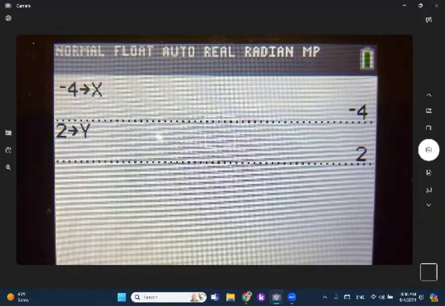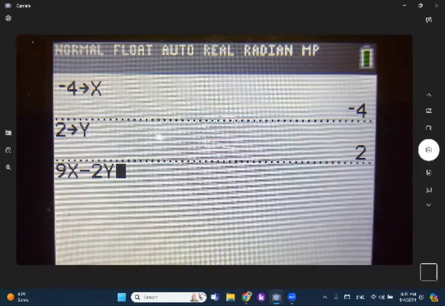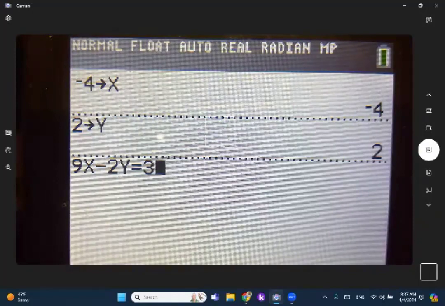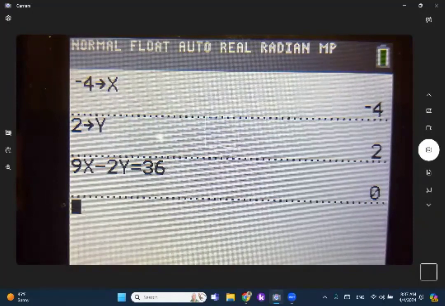And then you type in your first equation, which is 9x minus 2y. To get that equal sign, how do you get it? Second math. Second math equals 36. And that one gives you a 0, so that's a false statement.